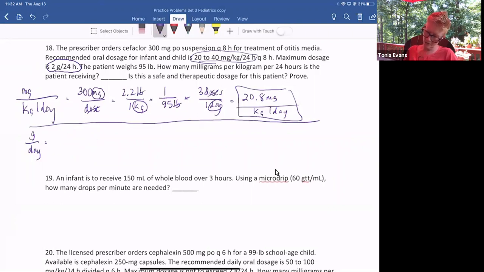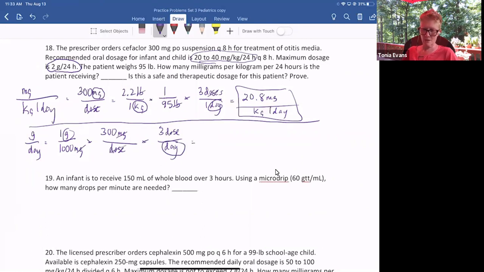I'm going to start out with my numerator, grams. 1 gram is 1,000 milligrams. My patient is getting 300 milligrams per dose. All right, milligrams, grams. I need day. I've got 3 doses per day.